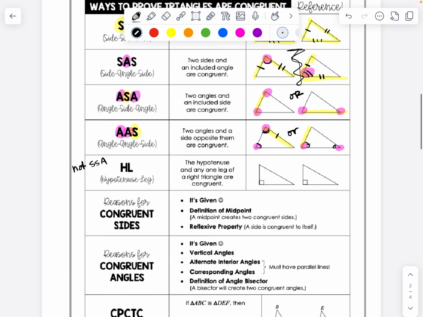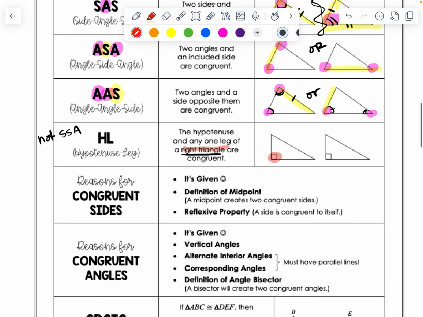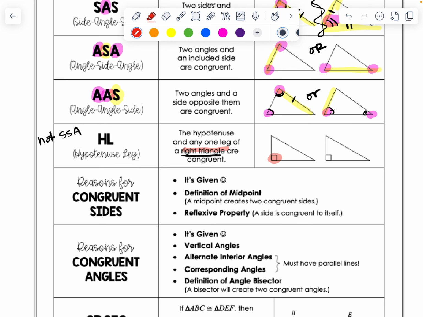But there is this magical one called hypotenuse leg. Hypotenuse leg is only true with a right triangle. So if I have a right triangle and it gives me a side and a right angle, they are congruent.